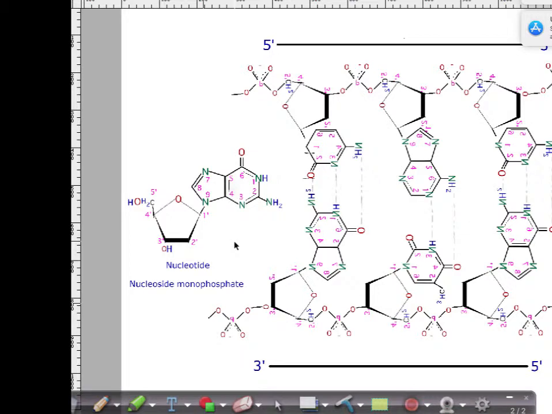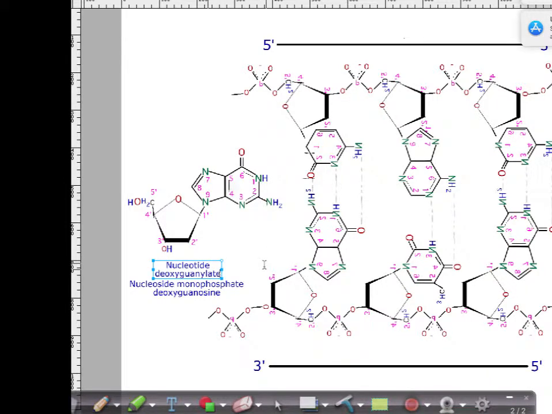So the nucleoside is deoxyguanosine, because that's a guanine nitrogenous base. The nucleotide, when we still have the phosphate there, we would name a little bit differently. We're still deoxy because this is DNA, so it would be deoxyguanylate.